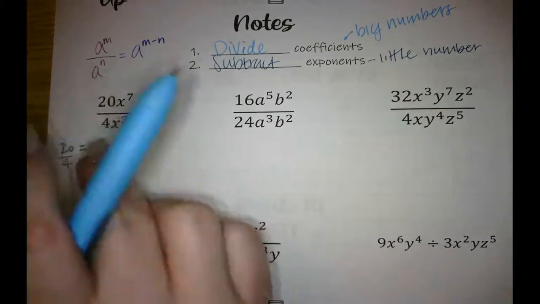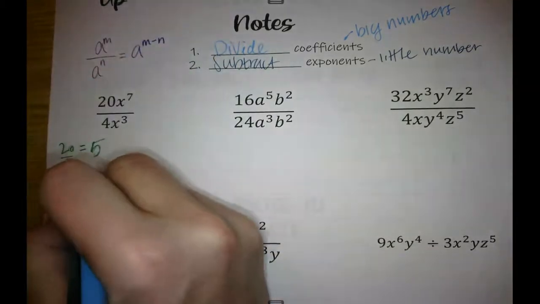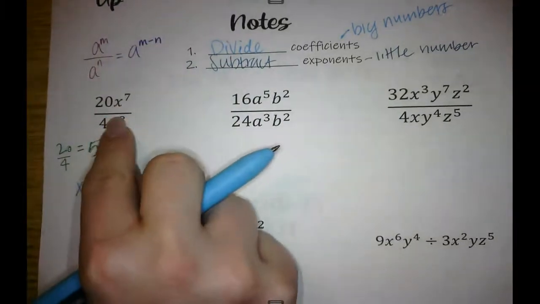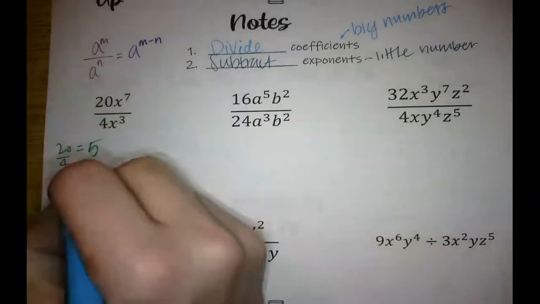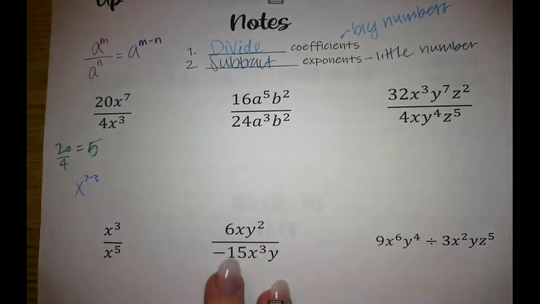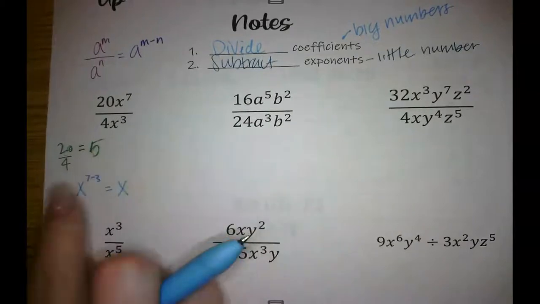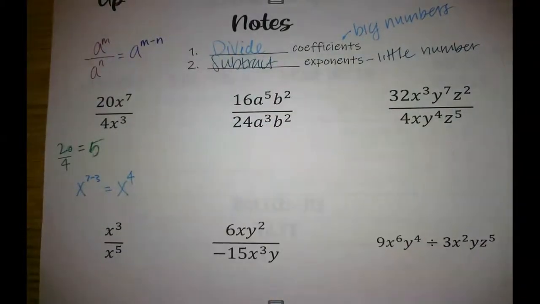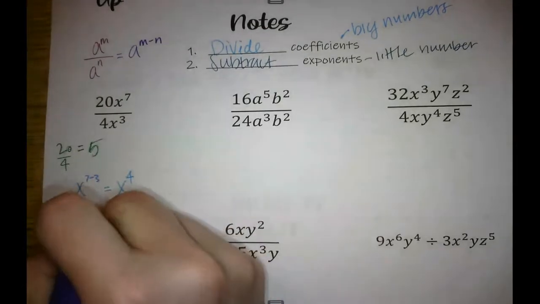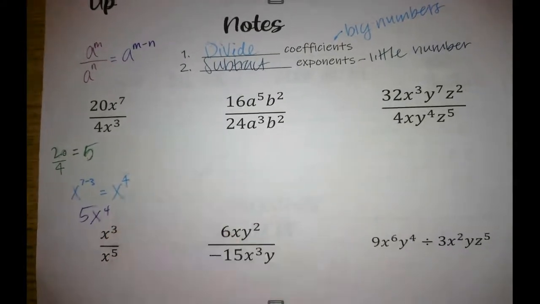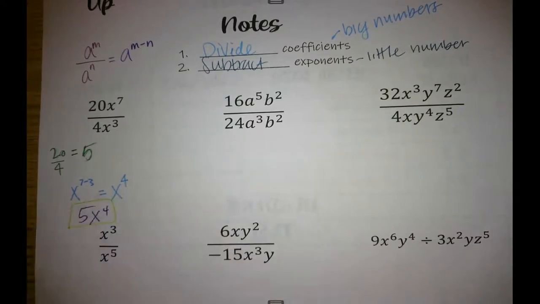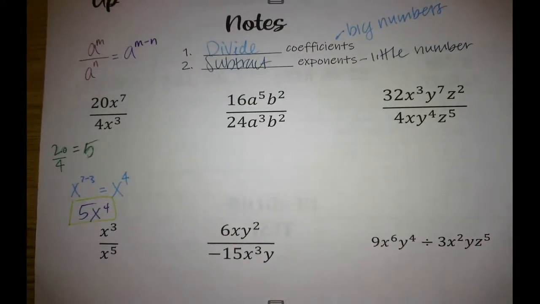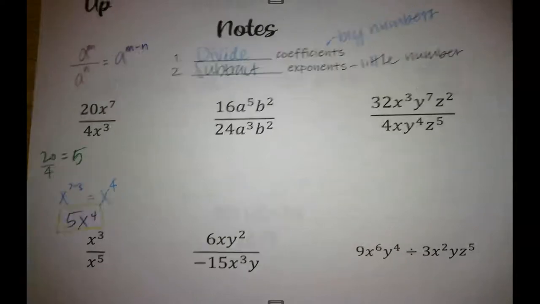What our rule says is I'm going to keep that variable the same because they're both x's. And then I'm going to say 7 minus 3 up here. So our variable stays the same. 7 minus 3 is 4. So then we have 5x raised to the 4th power. And that's it. A little bit of division and some subtraction.